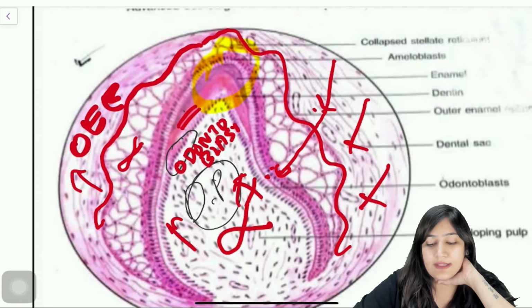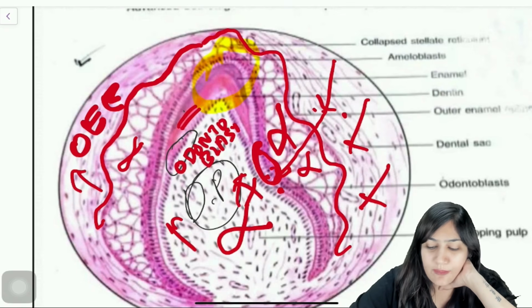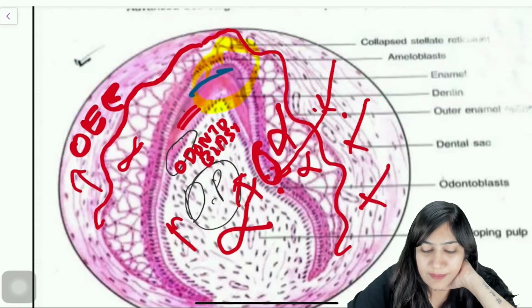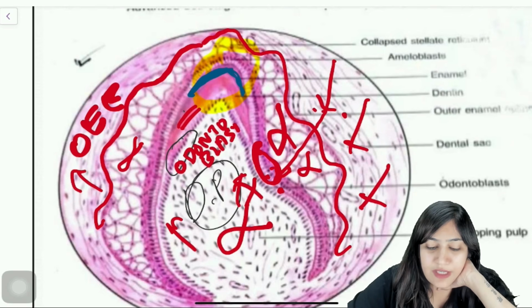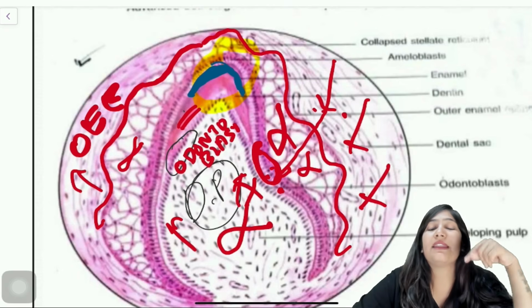Now, once stellate reticulum disintegrates, nutritional supply will directly reach the inner enamel epithelial cells. These cells then differentiate into ameloblast cells, leading to the formation of enamel. Here we can see the formation of enamel. So, the first formed hard tissue is dentine, and then enamel is formed.